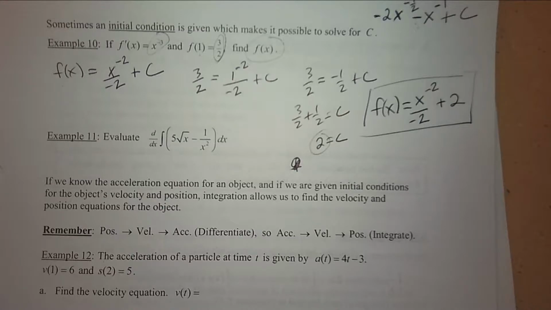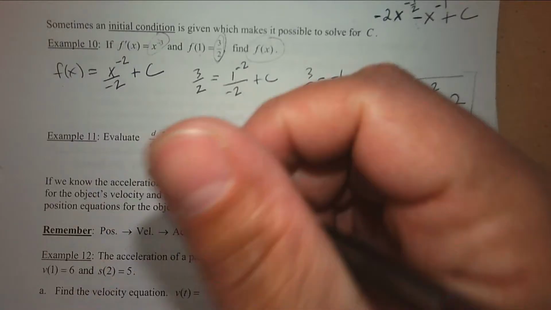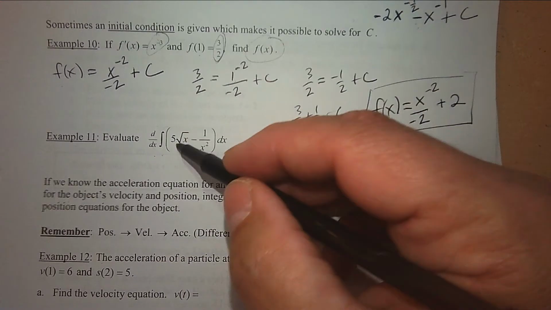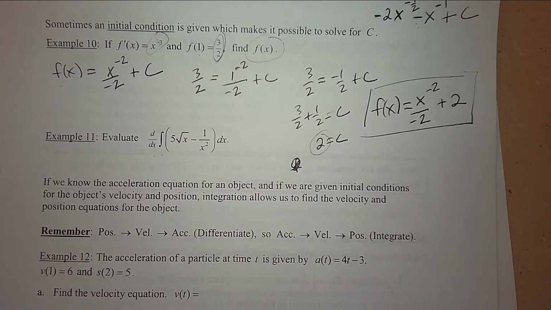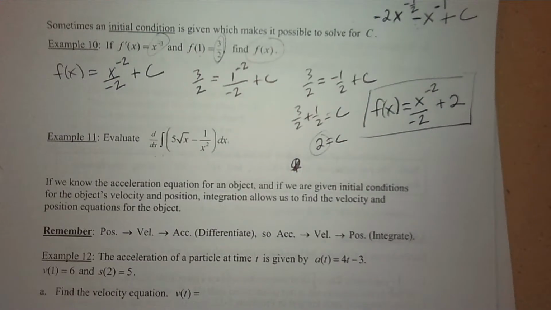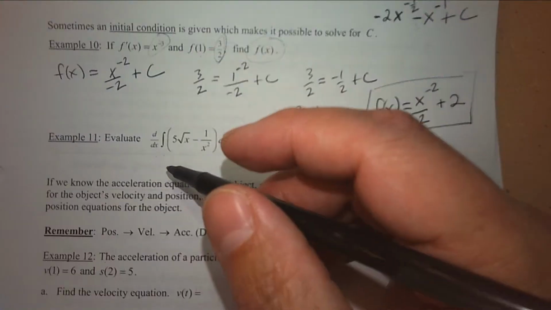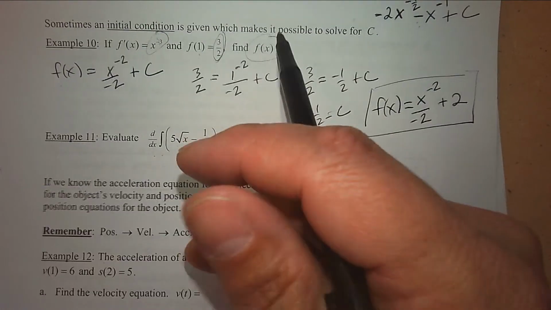Example 11. It says, take the derivative and integrate this. This is where you need to understand that they're inverses of each other, right? They're opposite directions.